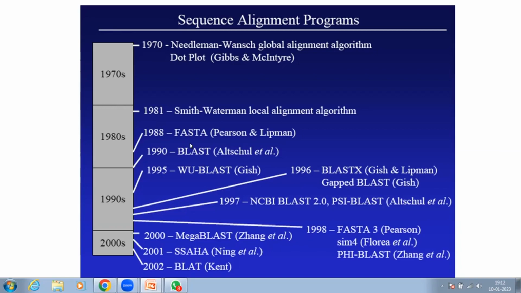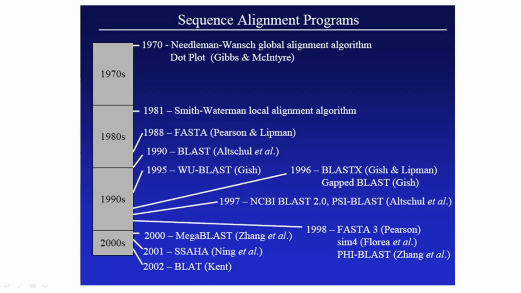They are much older, but they are good at alignment. So we'll be using FASTA and BLAST. I'll explain how the FASTA alignment tool and BLAST alignment tool work in the background.